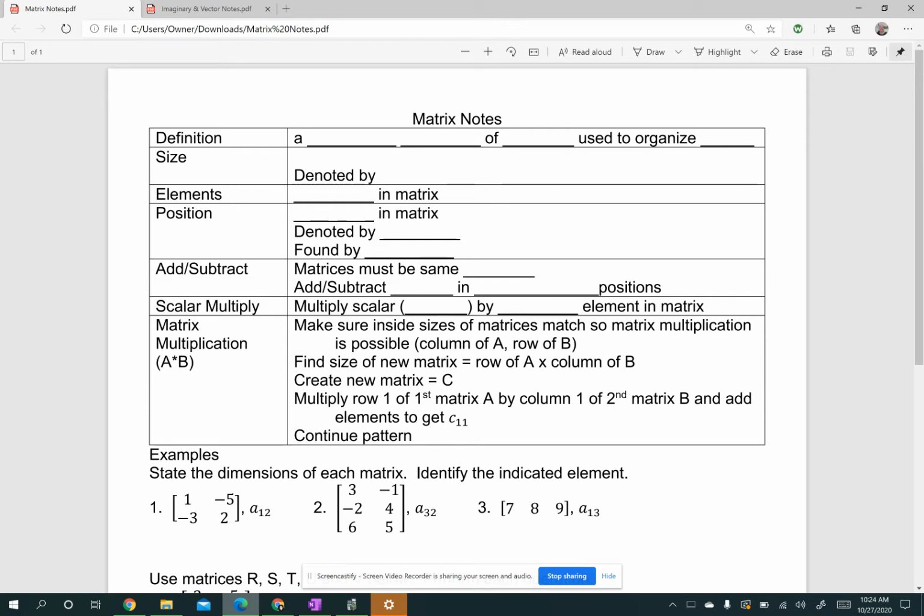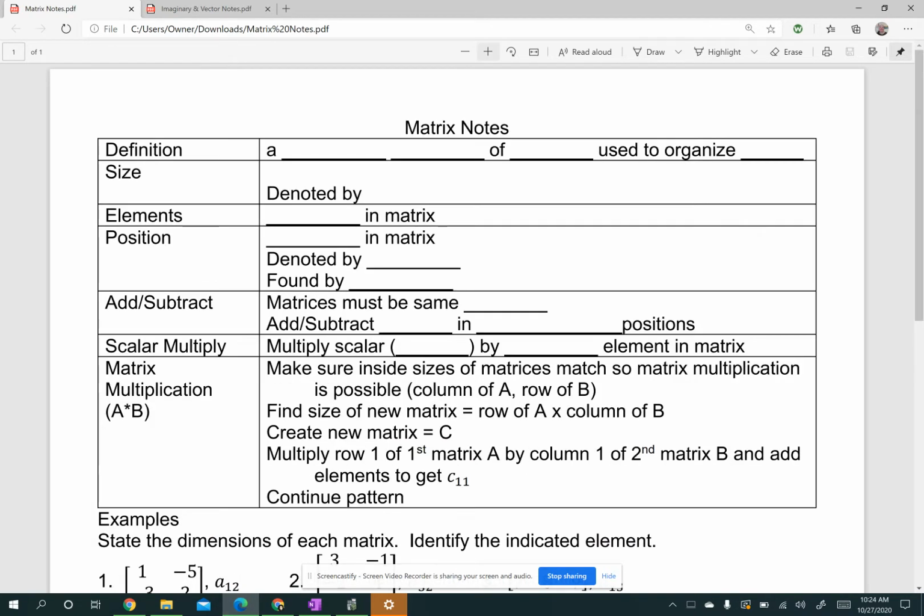And first, we need to know what a matrix is. A matrix is a rectangular array of numbers used to organize data.